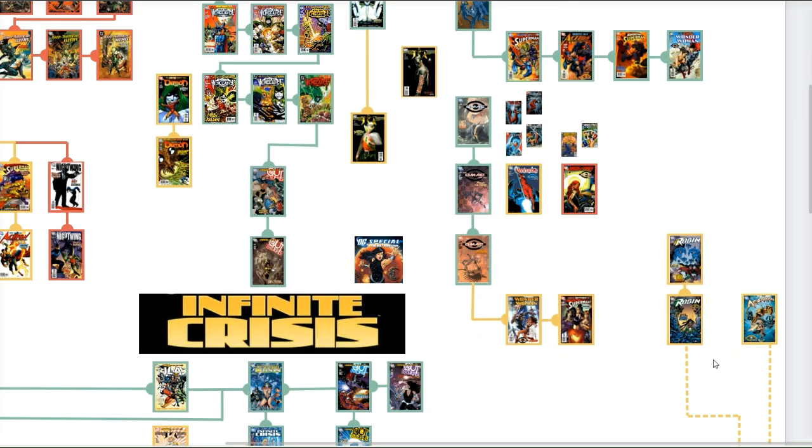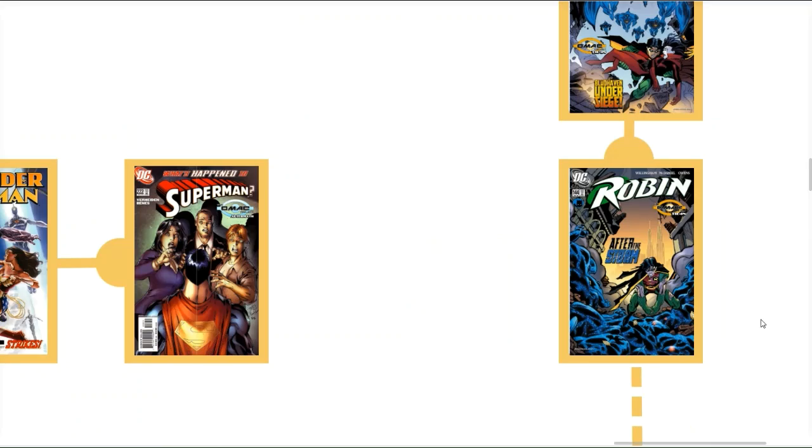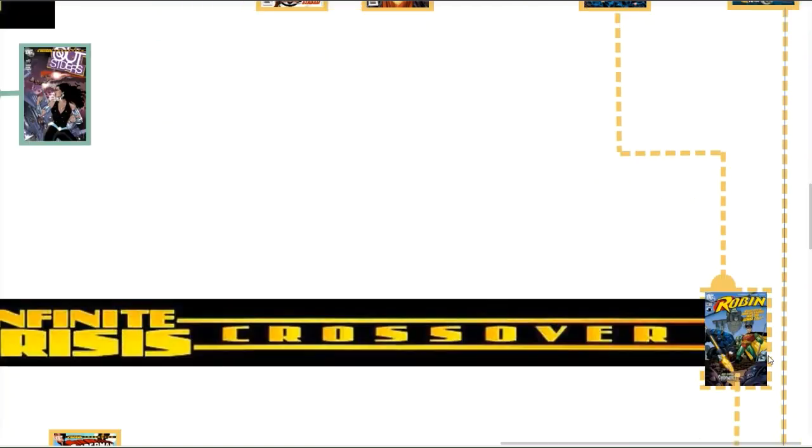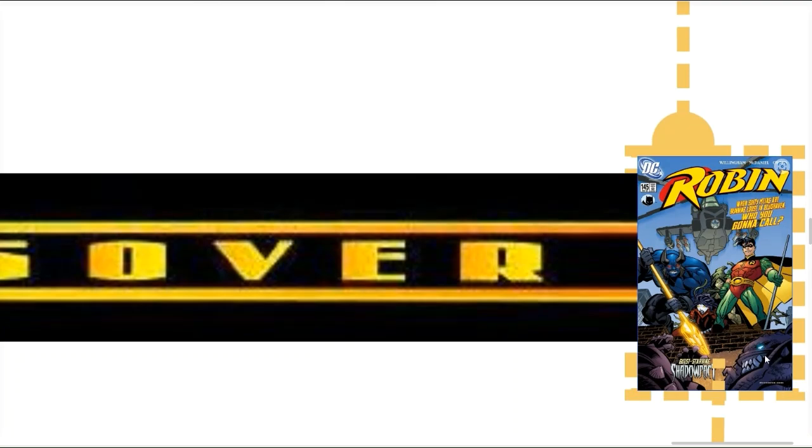What else do we have going on here? We have got Robin. So here we've got a couple of Omac tie-in issues. We've got Robin issue 143 and 144. 143 actually happens during Omac Project 6, and 144 then has a cliffhanger ending that goes into Robin 145, which I've stuck here, which is completely unbranded.